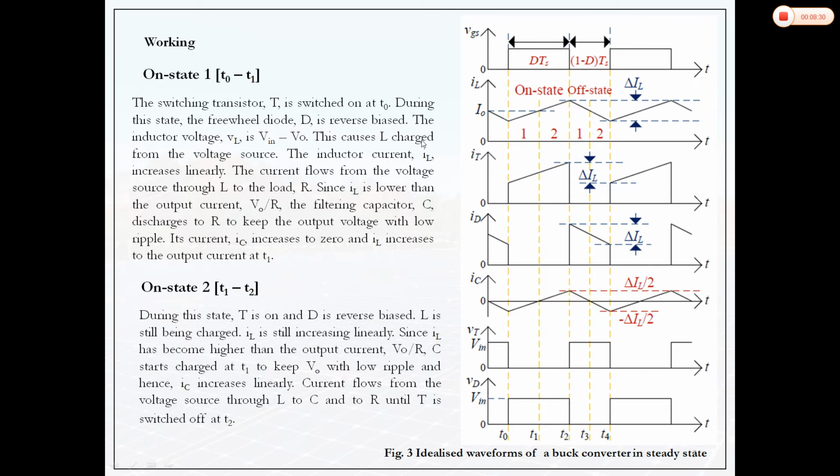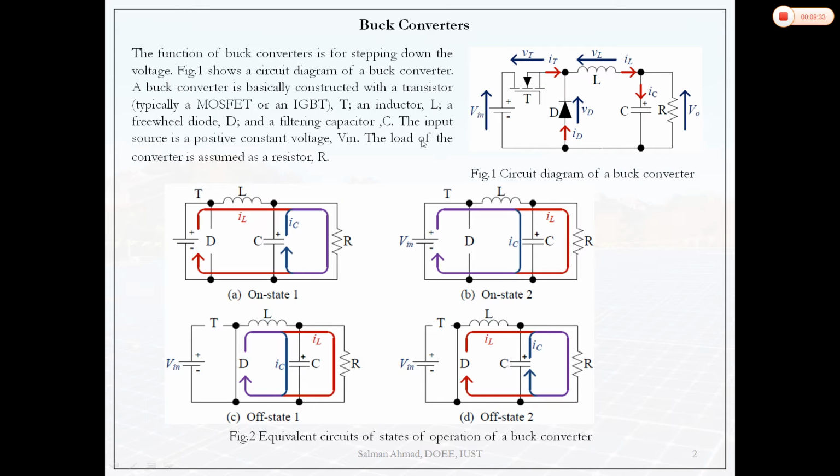Again, you can see the average inductor current. In the last class I told you that in power electronic circuits most of the time we use KVL and KCL in the average sense. So if we apply KCL at this node, the incoming current, that is IL, will be equal to the outgoing currents, that is IC and IO.